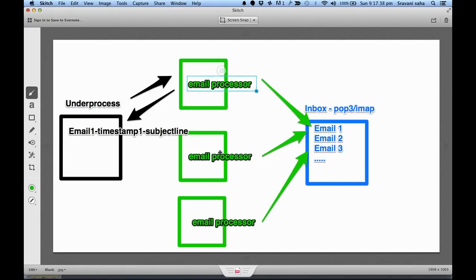Because all of these are copies of the same code, they cannot differentiate with each other so easily. You cannot have different codes in this. All right. So this is a fairly common practice to use a central sort of a whiteboard where you write things. All right. So this email processor will also be writing in the same manner, and this will also be writing in the same manner. Make sense to you?